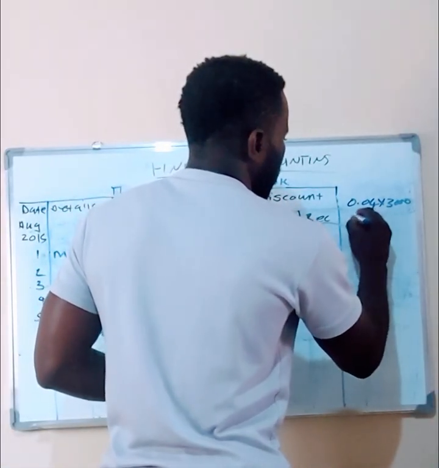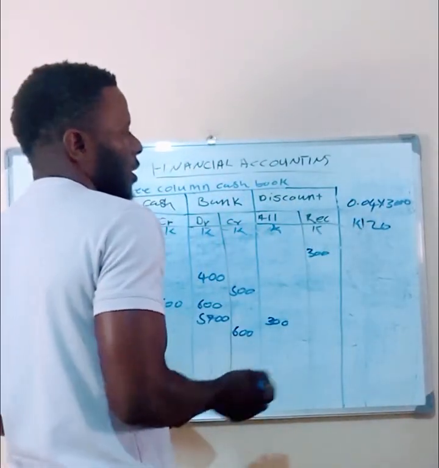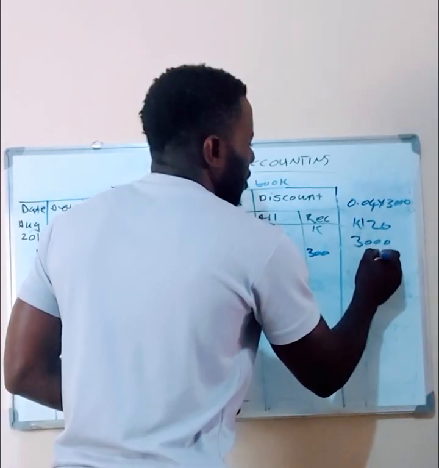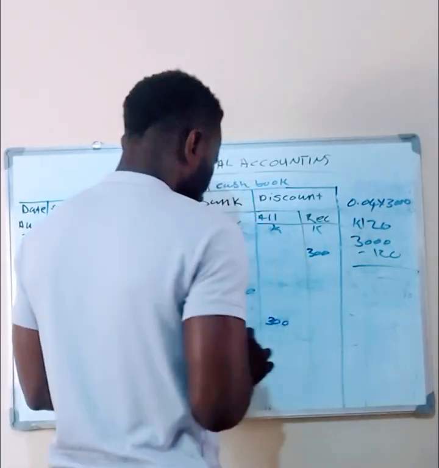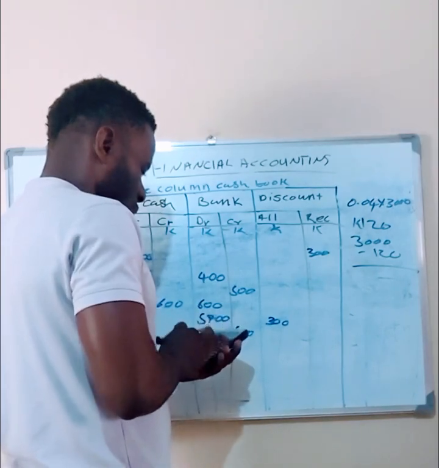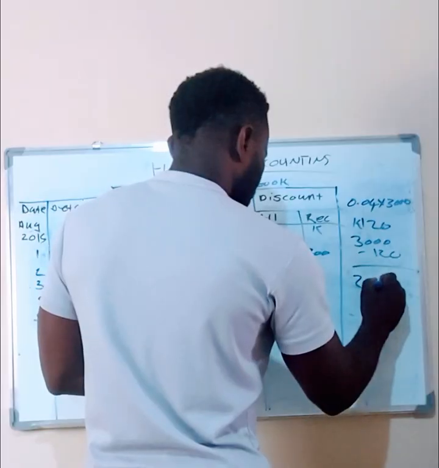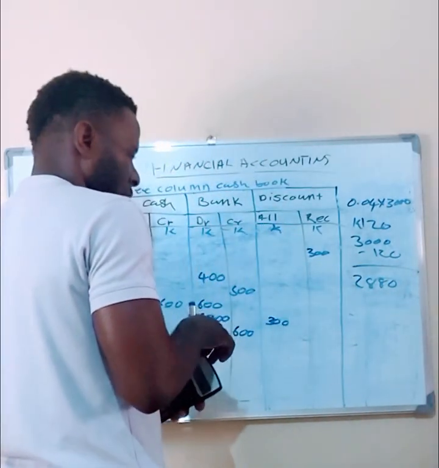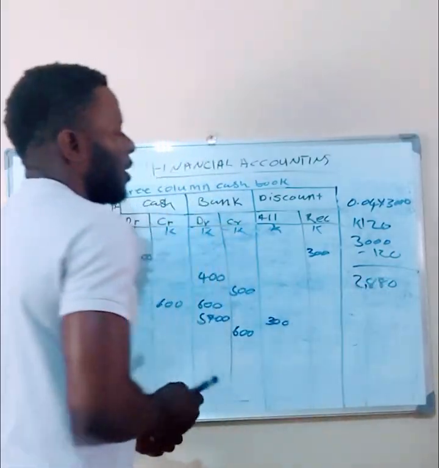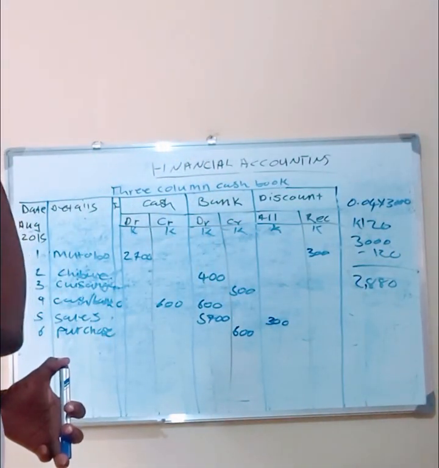Instead of paying this person 3,000, we ended up paying them 3,000 minus 120, which is 2,880.